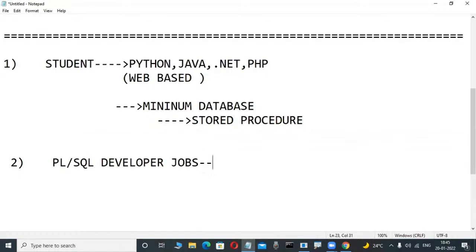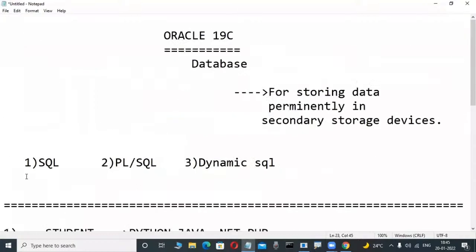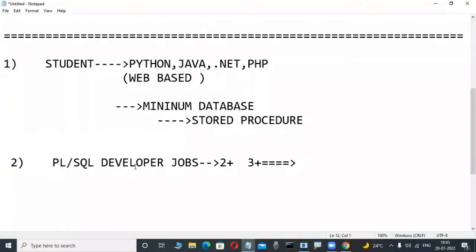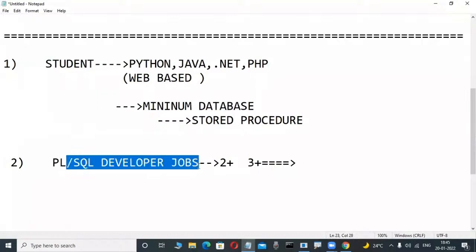Those persons are in our course. They are learning this course for PLSQL developer purposes. Many fellows are learning from me; actually I am a senior-most PLSQL developer, that's why I have very deep knowledge, and I teach only PLSQL.